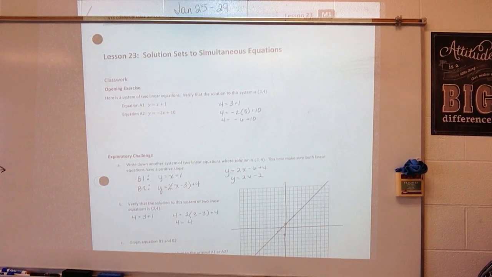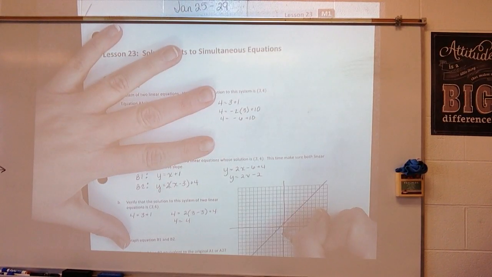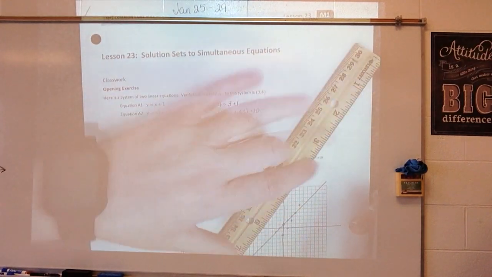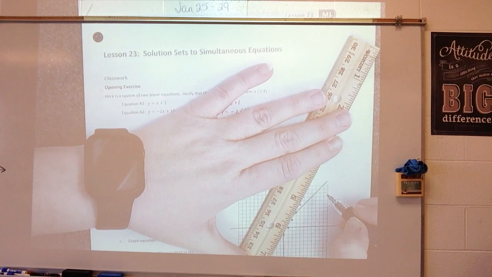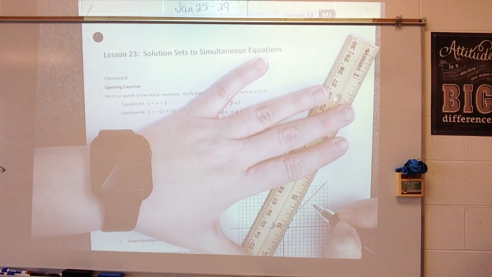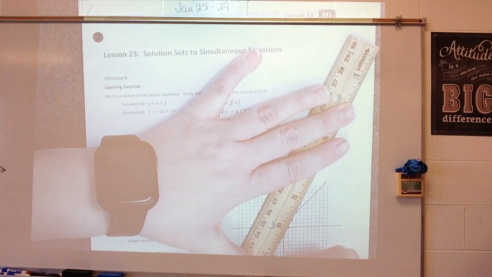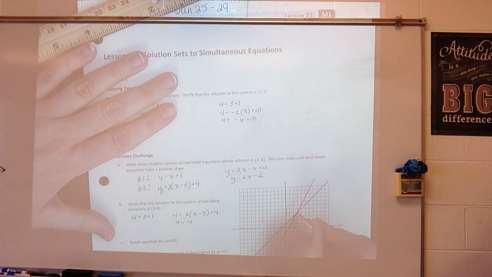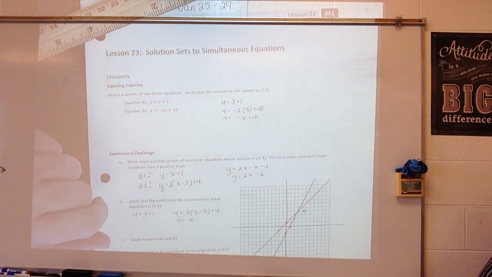And it has a slope of 2, which means I go up 2 over 1, up 2 over 1, up 2 over 1. And here's my line. And I see that they intersect right here.